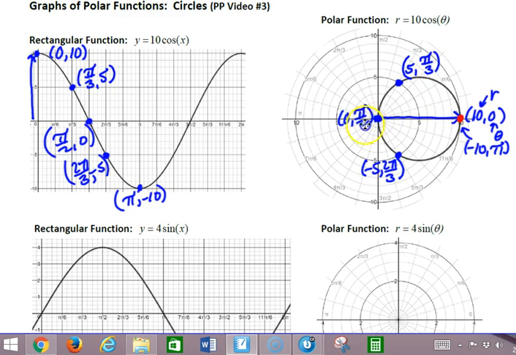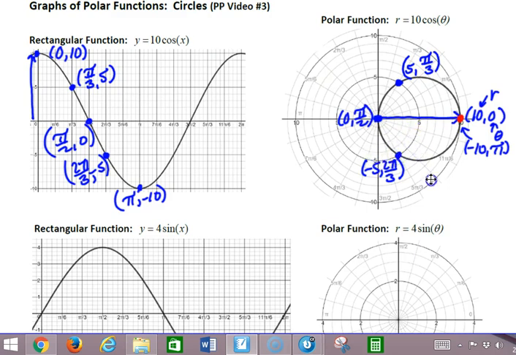Now we're in the quadrant 2 angles from pi over 2 to pi. Notice that all of these r values are negative. So as I rotate around into quadrant 2 and I look at the quadrant 2 angles, r is negative. So that means all the points corresponding to these angles are actually plotted in quadrant 4.